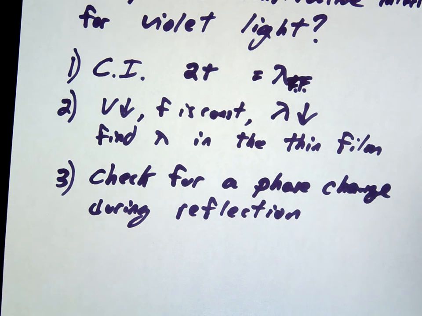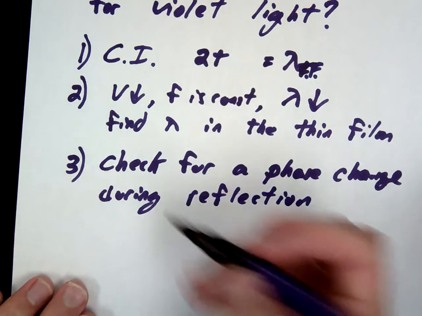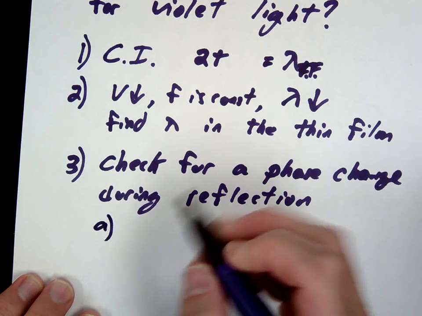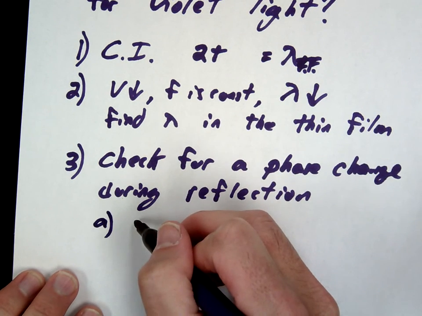The way that you know is there's always a phase change when it hits a larger index of refraction. When it goes from a small index to a large index, there will be a 180-degree phase change, or flip. Okay, so let me write that. Let's do it like this.